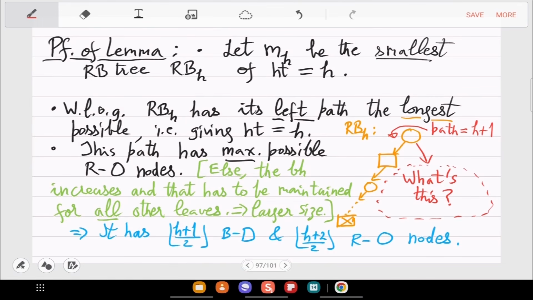So path has h plus 1 nodes. So equal would have been h plus 1 by 2 each.